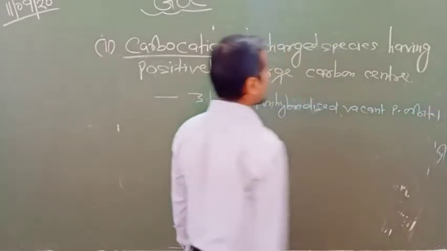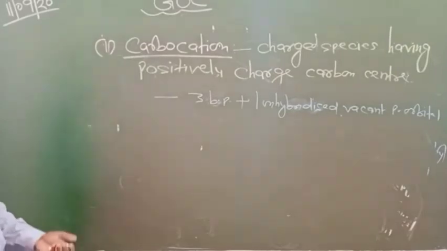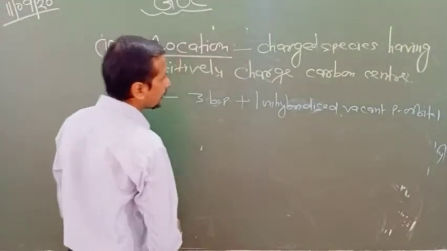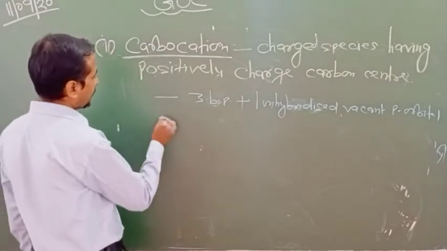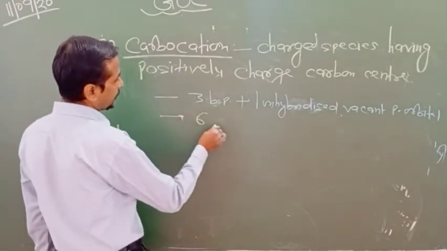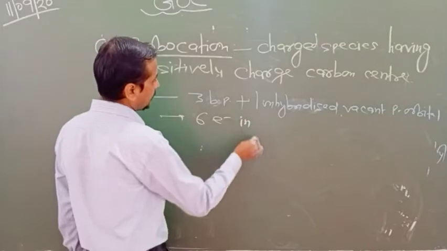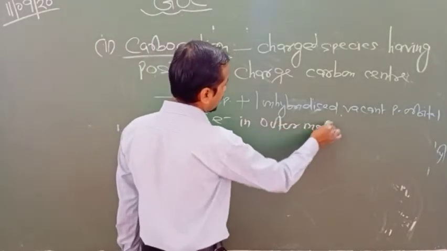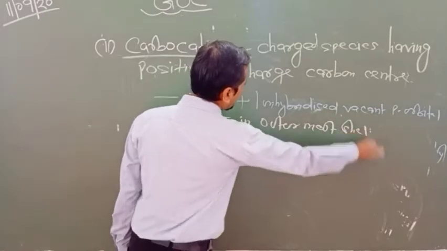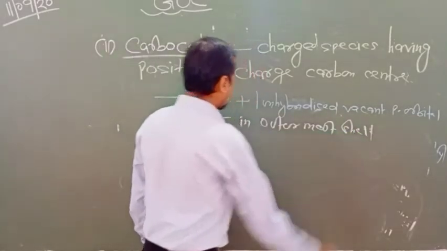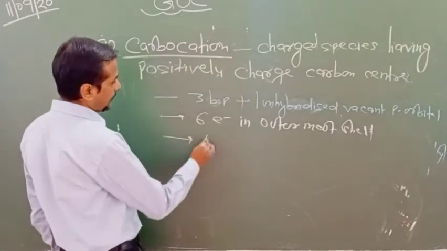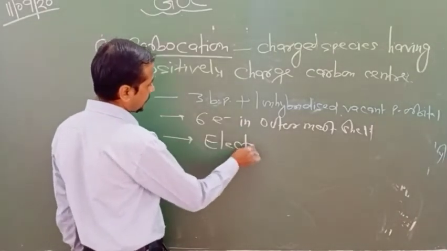One question may be asked: how many orbitals are vacant in this species? So one vacant p orbital, 3 bond pairs. That's why they have 6 electrons in the outermost shell. Now 2 electrons are less to complete the octet. That's why it behaves as an electrophile.